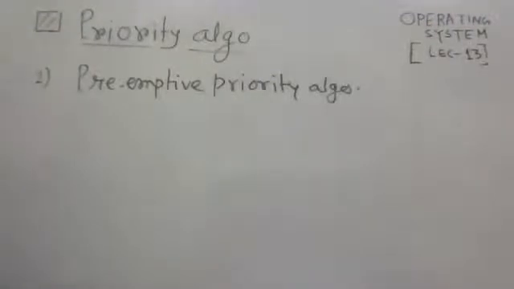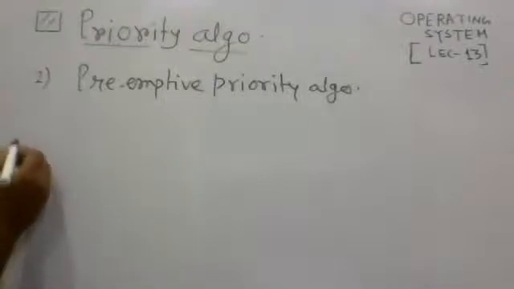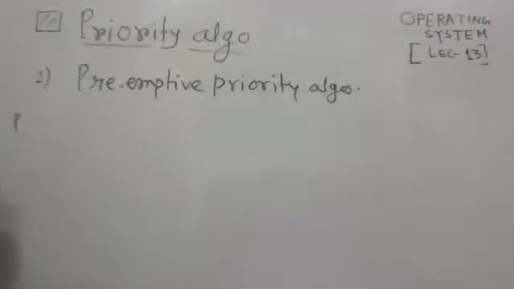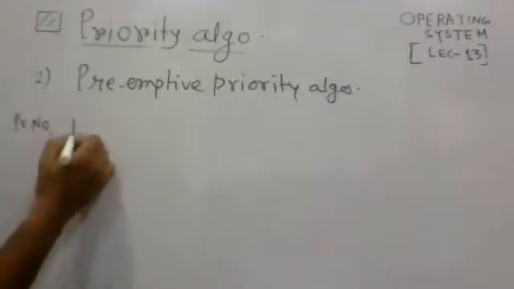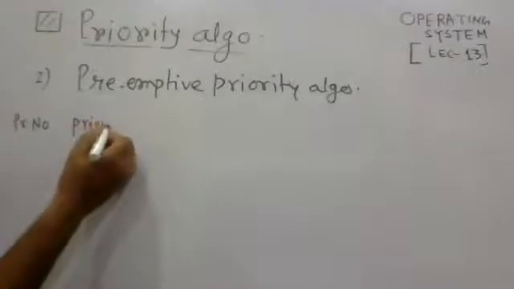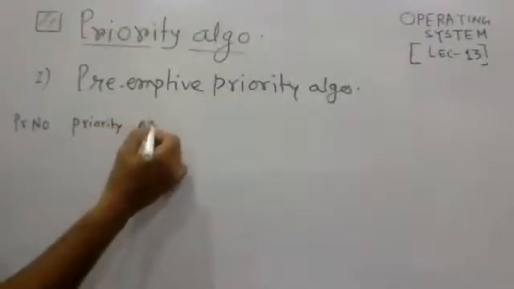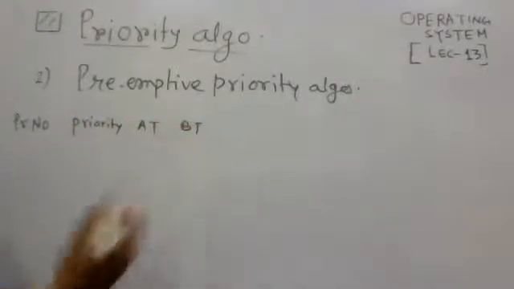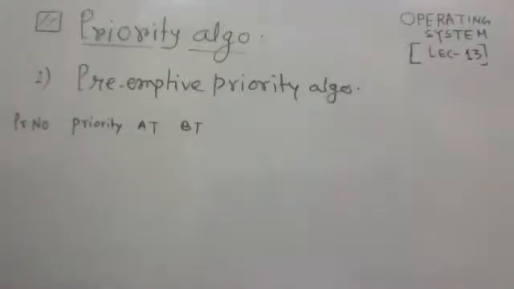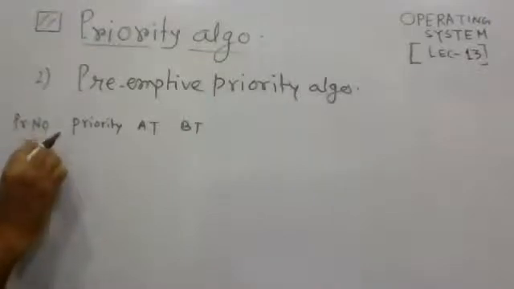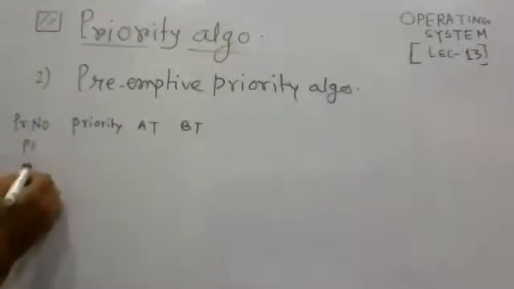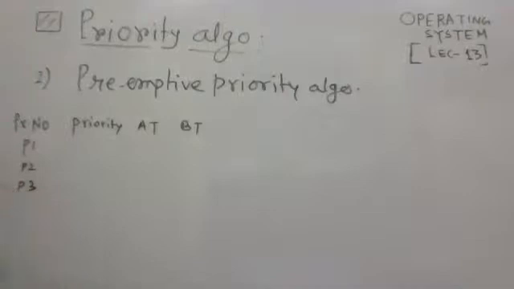So now see an example. Suppose here given process number, priority, arrival time, and burst time. Here given processes P1, P2, P3.